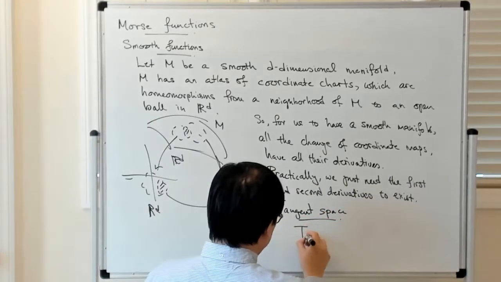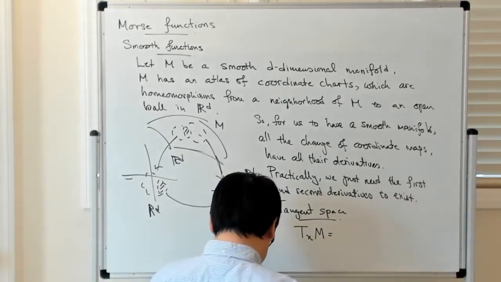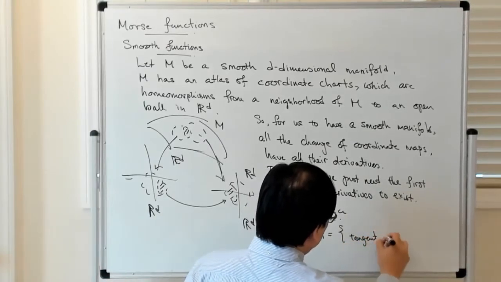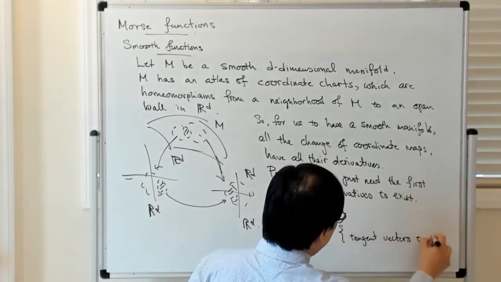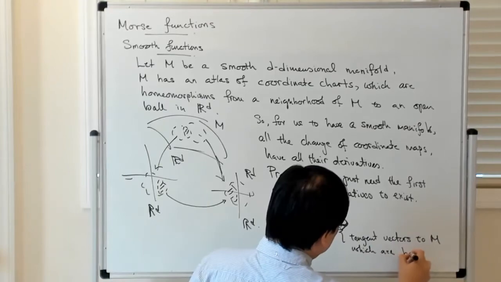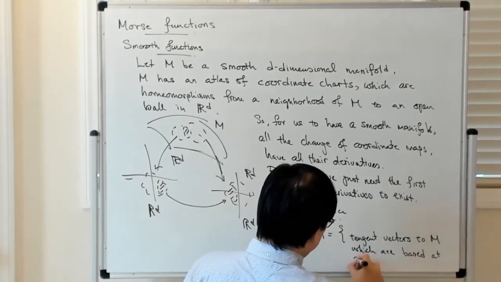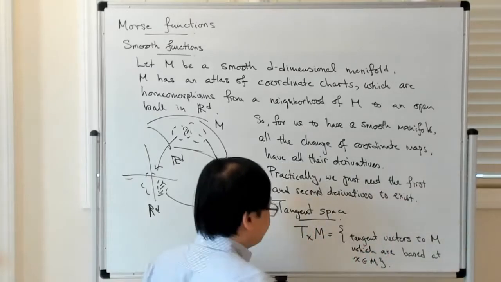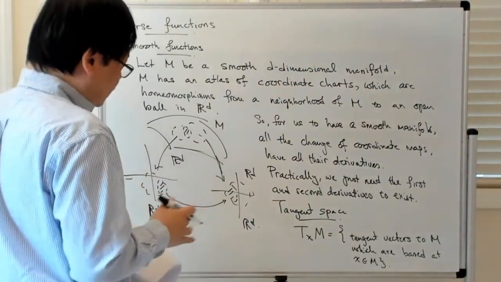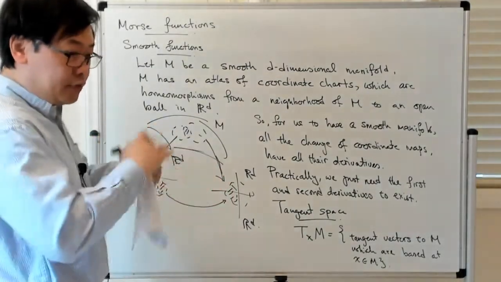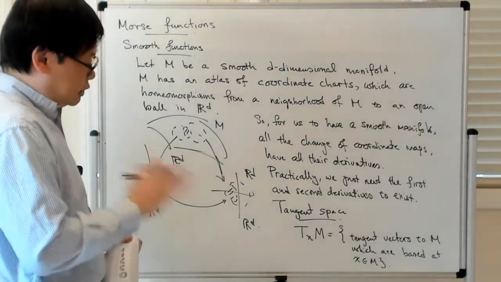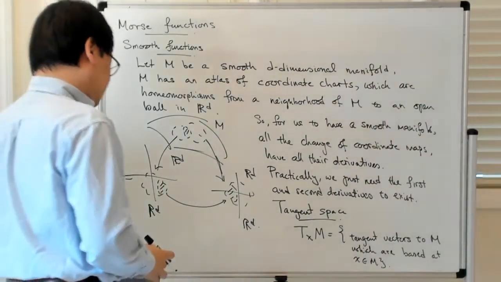It's denoted T_x M. It's the set of tangent vectors to M which are based at x, which is a point on the manifold M. I'm not going to go too much into the details, but when you have an embedded manifold, embedded into some high dimensional space, then the usual notion of tangent vectors applies here.